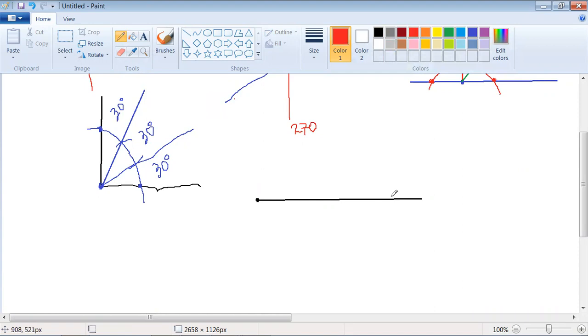We open the compass somewhere around here, greater than the half of the line, and then we create this arc here. And then move the compass down, and we create the next arc here, right? Then you switch the compass from this end to the other end with the same size as the compass is open. You go back here and you intersect this point, and then you're coming down and intersect this other one.